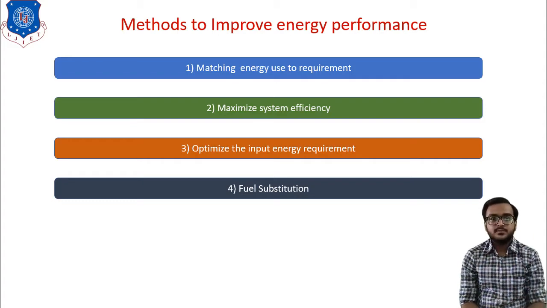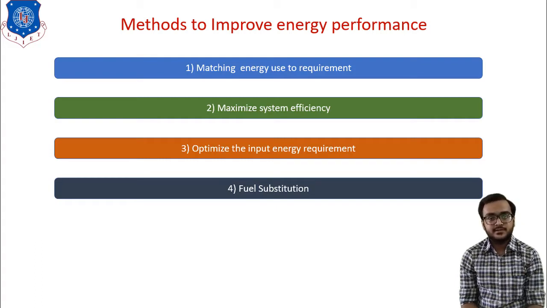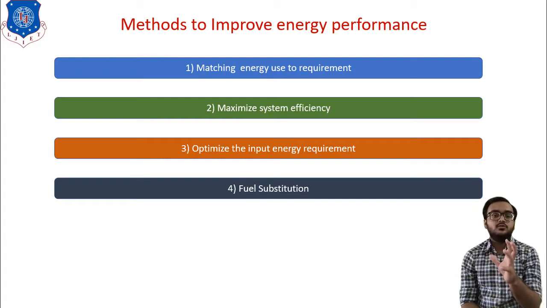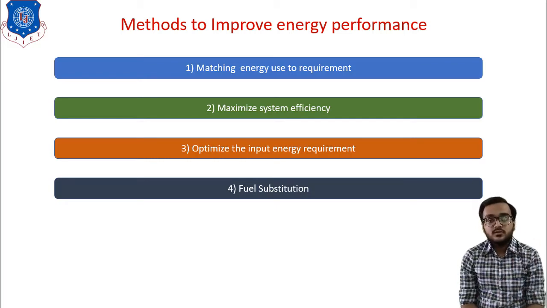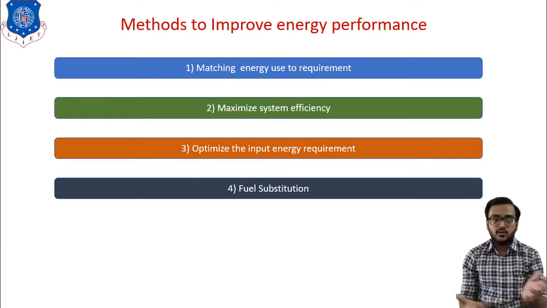For example, let's say you have a room size of 20 by 20 and you are using only a 1 ton AC, then it's not sufficient. Likewise we need to observe our demand, and based on that we need to select particular equipment. For example, let's say the size of a room is 10 by 10 and we are using a 2.5 ton AC, then it's not worthwhile.